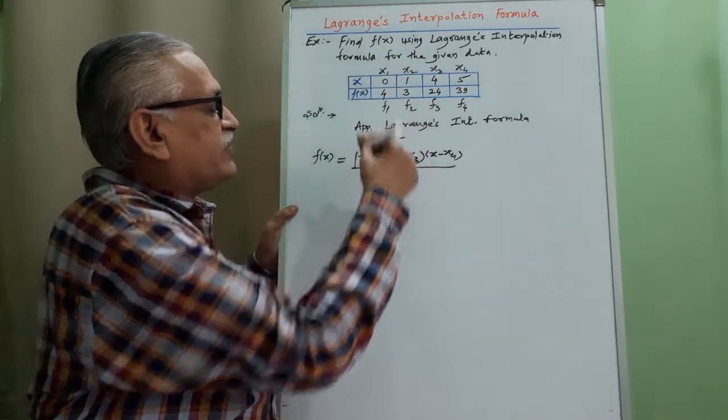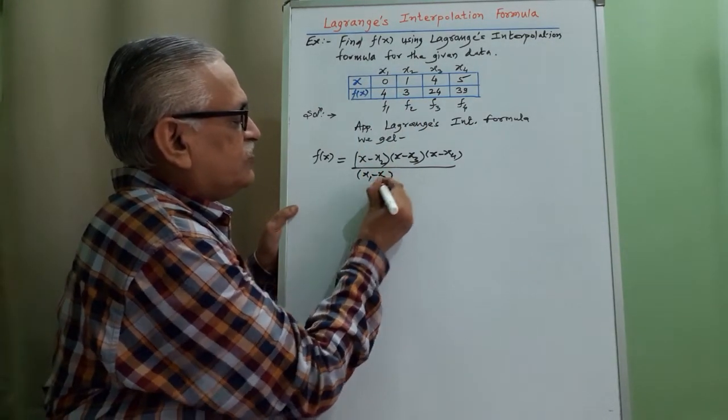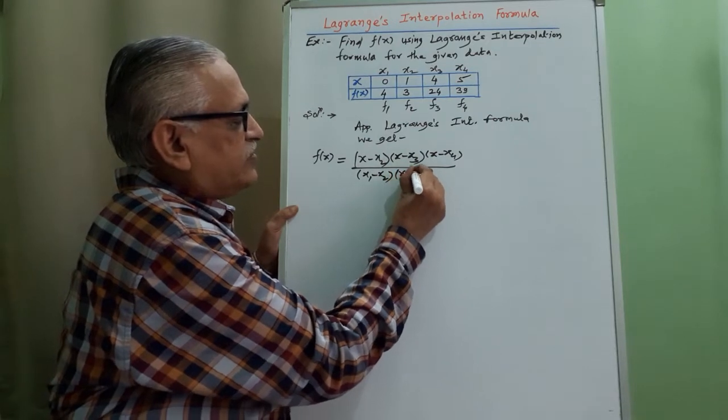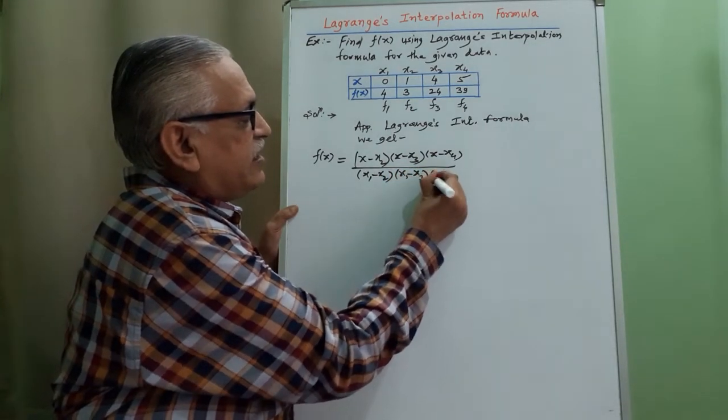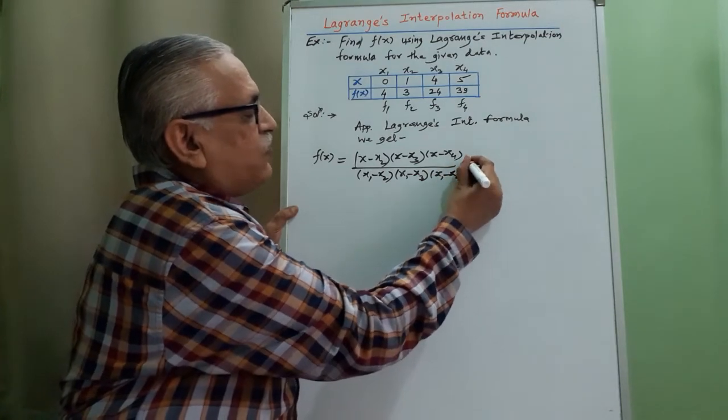That neglected point is here x1. From that we subtract x2, x1 minus x3 and x1 minus x4, into f1.